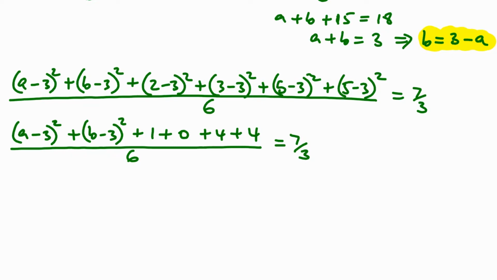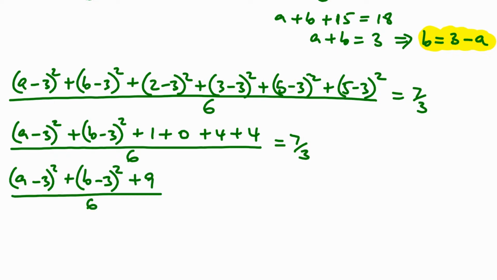And then, let's simplify this. So we'll have A minus 3 squared plus B minus 3 squared plus 9 over 6 should be equal to 7 over 3. And now this is where the substitution comes in.